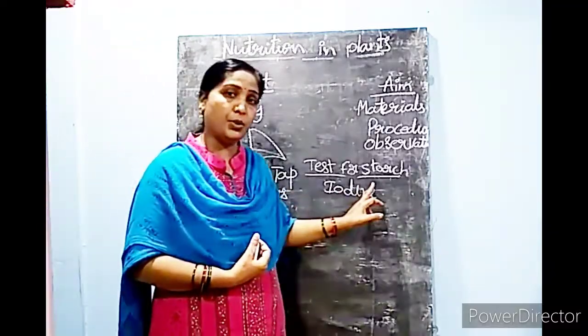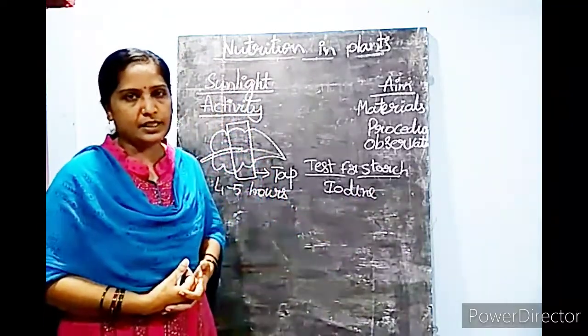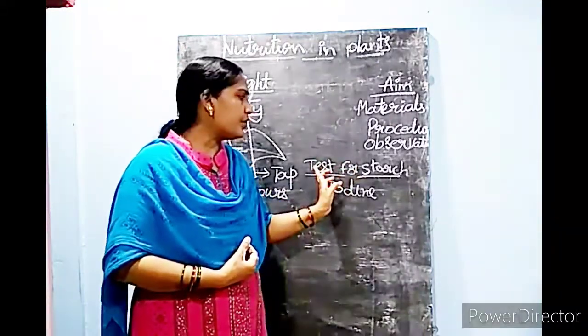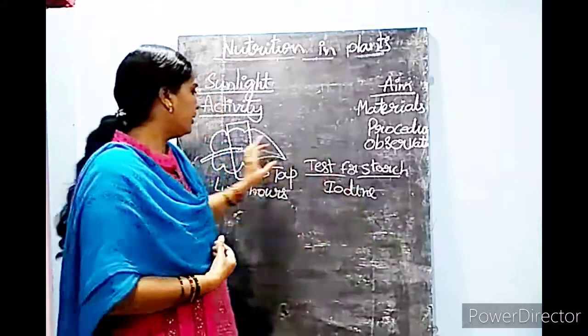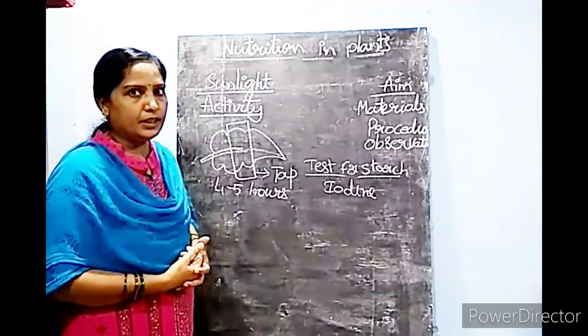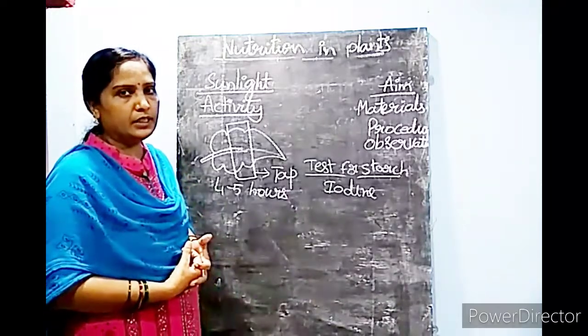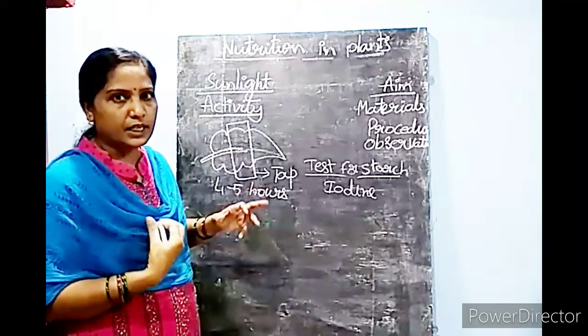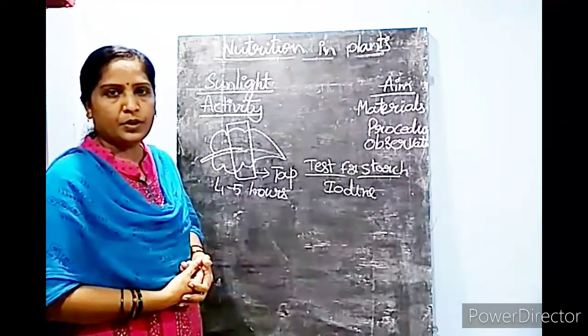This experiment you did in last class, 6th class. So here also you are going to use this iodine. How? To see in which part photosynthesis occurred and in which area the photosynthesis process has not taken place. Okay.